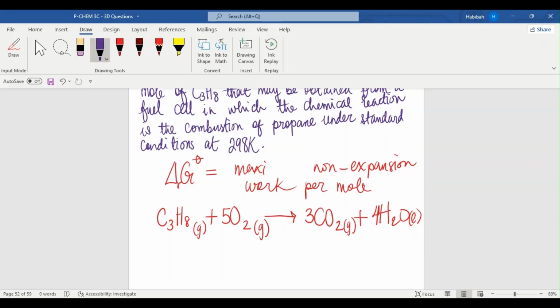So now we've written this down. The next thing we have to do is find the standard Gibbs energy of reaction for the reaction we just wrote, based on the chemical equation.